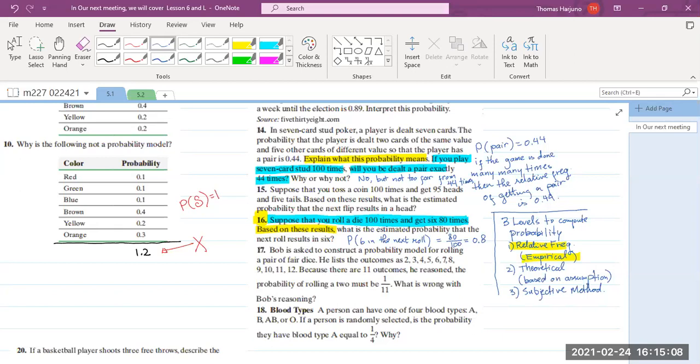I believe in my lesson I brought up one illustration: how do you know that your boyfriend or girlfriend actually loves you? Is it based on what he or she says? That's subjective.